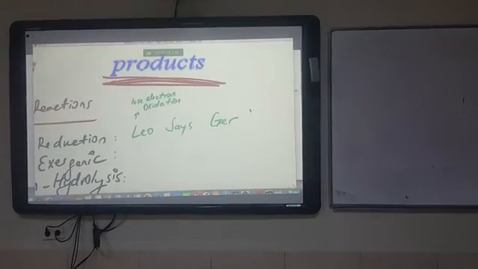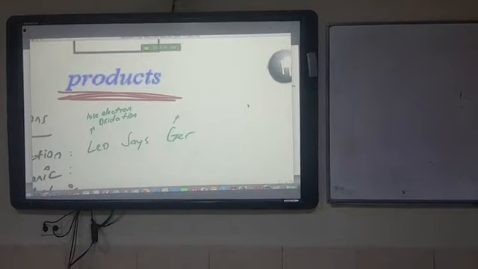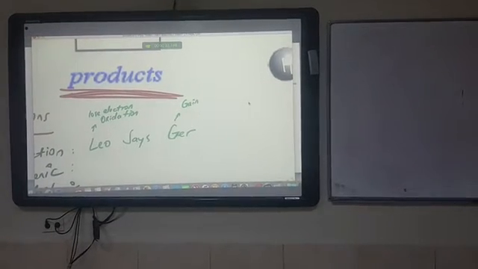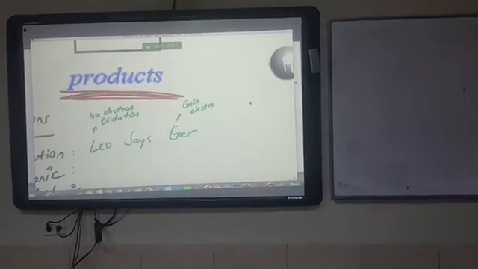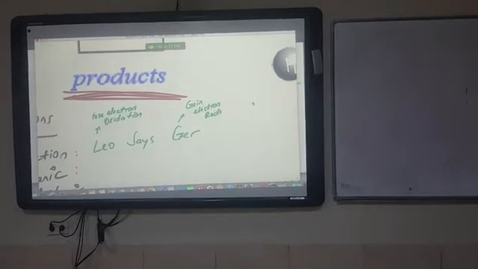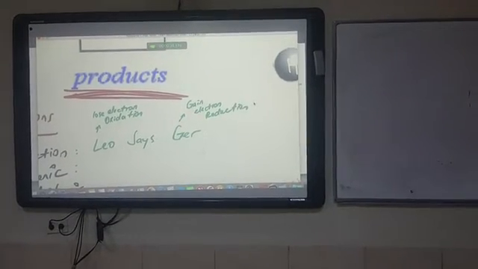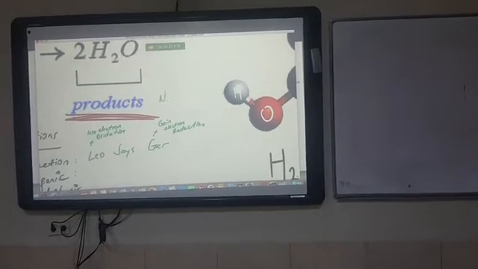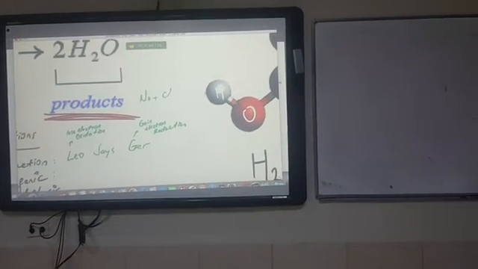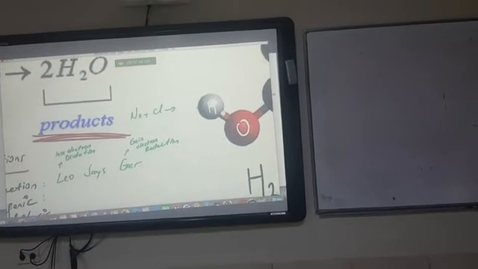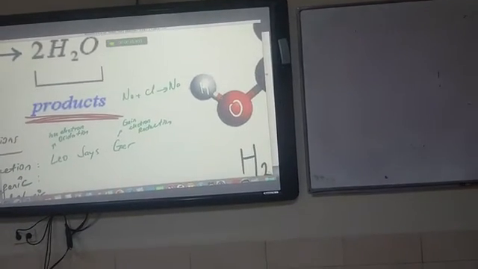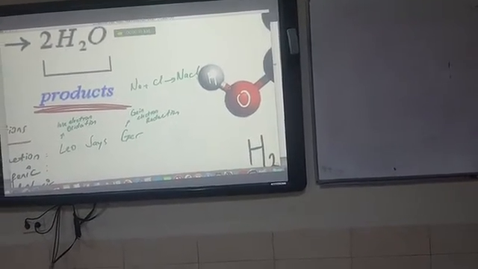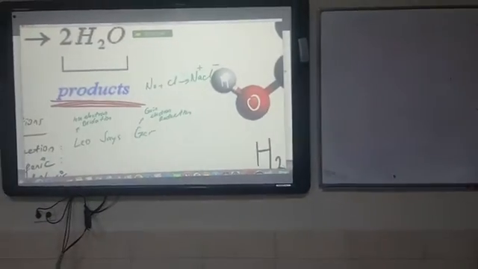And what about GER? Gain electron, reduction. And here we can give an example: sodium plus chlorine gives sodium chloride. This is plus, this is minus.